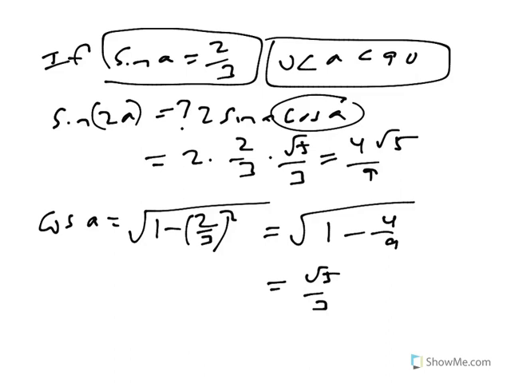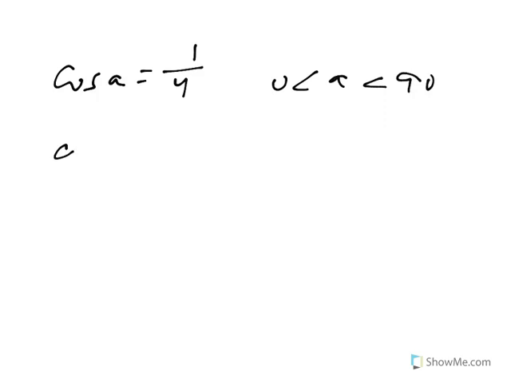For sine 2a, since it has both sine and cosine, we're going to have to do extra work to get that. The best kinds of questions are ones like this. We're being told cosine a is 1/4, and we're being asked for cosine of 2a, because here we have a choice.